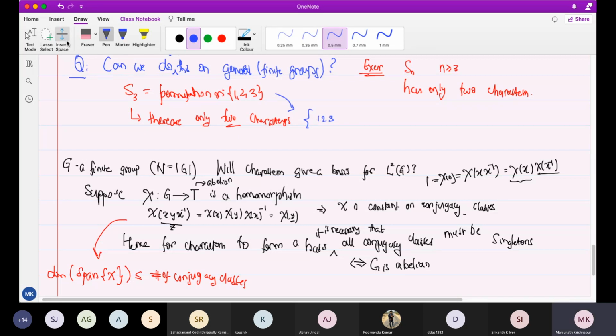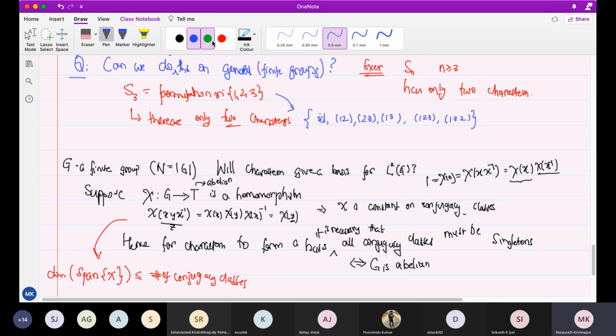So let's write in cycle notation. There is the identity. There are the 3 transpositions. Then there are the 2 three-cycles.